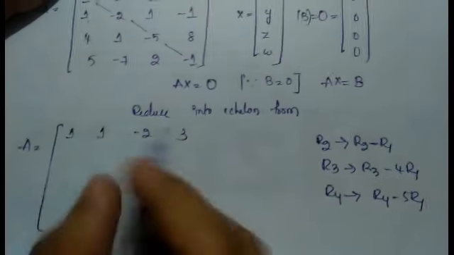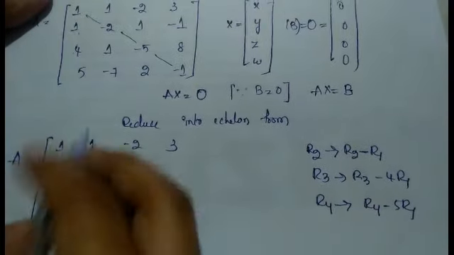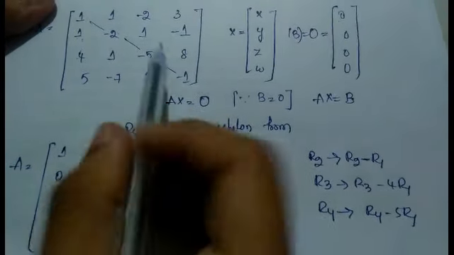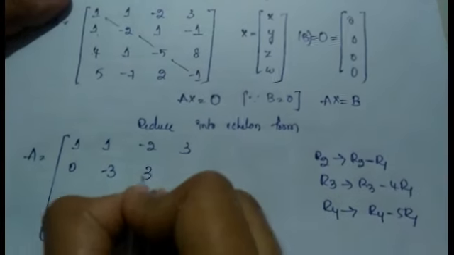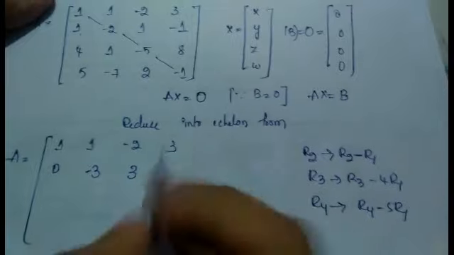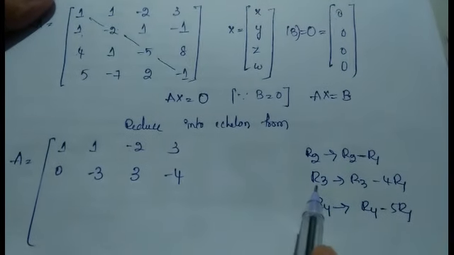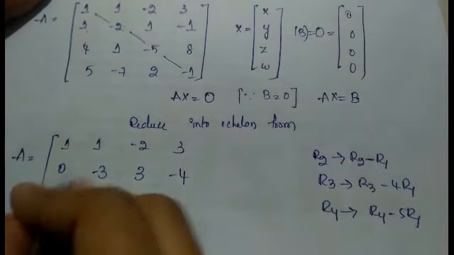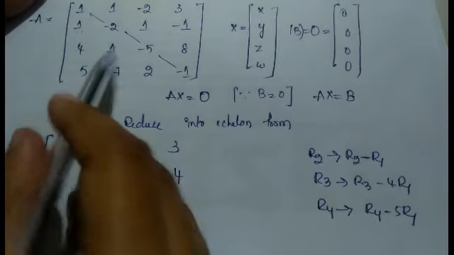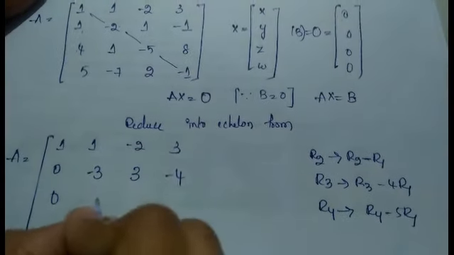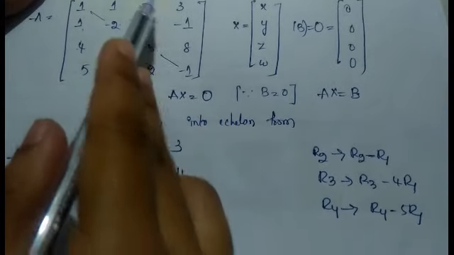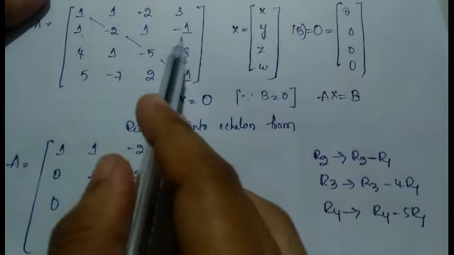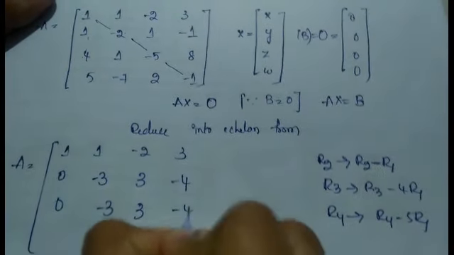Now R2 minus R1: 1 minus 1 is 0, minus 2 minus 1 is minus 3, 1 minus of minus 2 is 3, minus 1 minus 3 is minus 4. Applying R3 minus 4R1: 4 minus 4 into 1 is 0, 1 minus 4 into 1 is minus 3, minus 5 minus 4 into minus 2 is 3, and 8 minus 4 into 3 is minus 4.